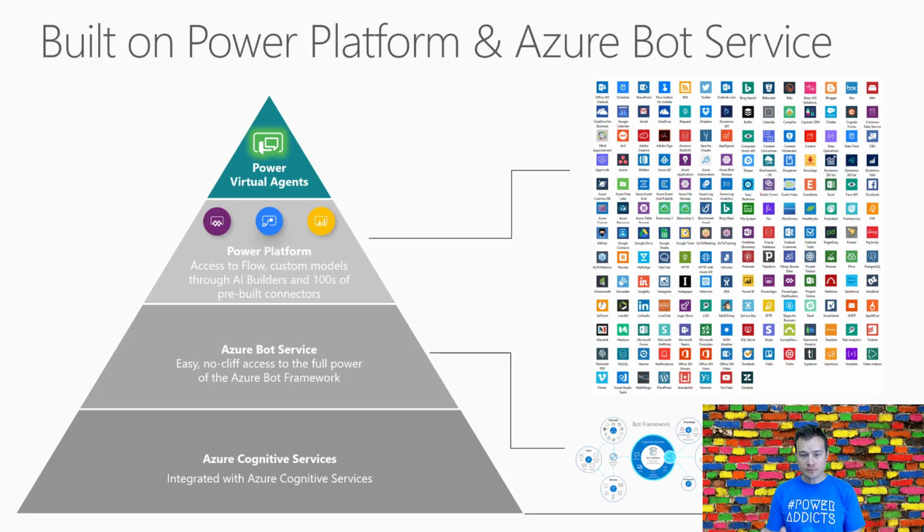And lastly, thanks to the fact that it's built on top of cognitive services, Power Virtual Agents is not just working straightforwardly, like once you program it, once you build it to respond to a particular question, and then the user types the question.